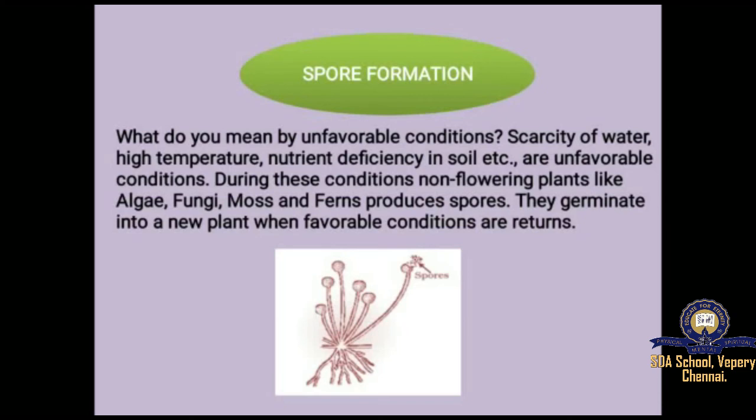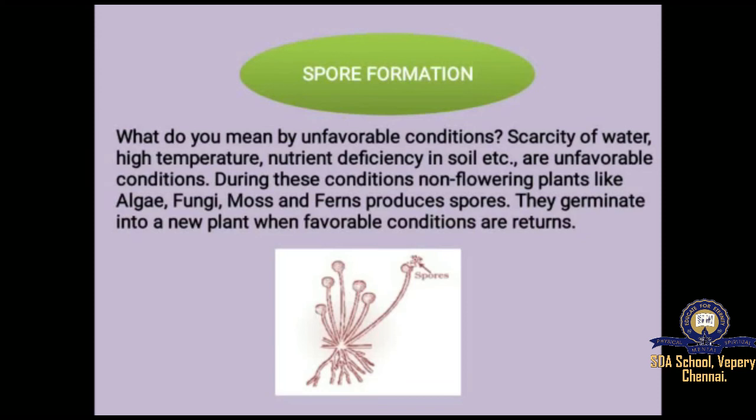They germinate into a new plant when favorable conditions return. So this is called spore formation. So vegetative propagation, budding, fragmentation and spore formation are the types of asexual reproduction in plants.